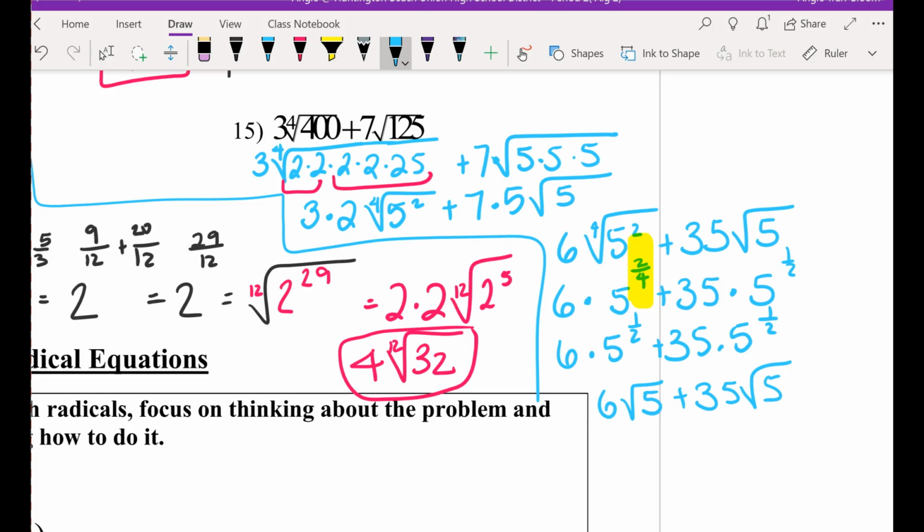Look at that. Indexes are the same. The radicands are even the same. What are you going to do here? Final answer. Add those. So final answer is 41 rad 5. Whoa. And that is an egg roll.